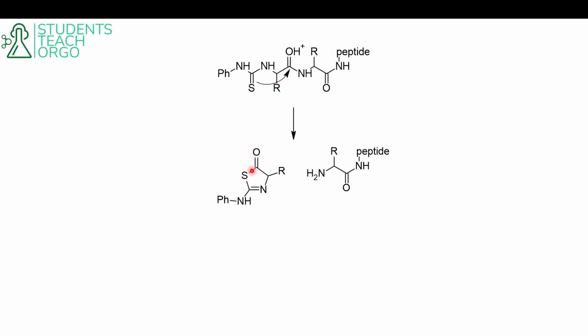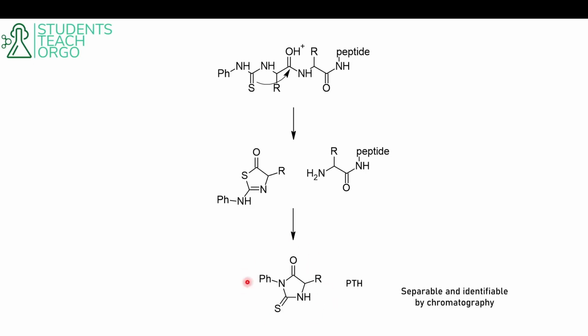So you can see the remnants of it right here. And from this point, this will undergo a rearrangement and become this molecule right here, which we call a phenylthiohydantoin derivative.